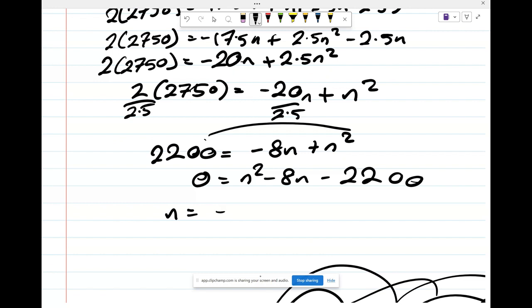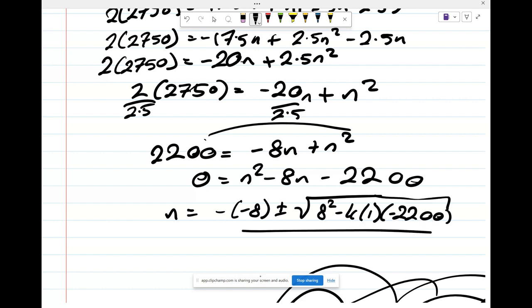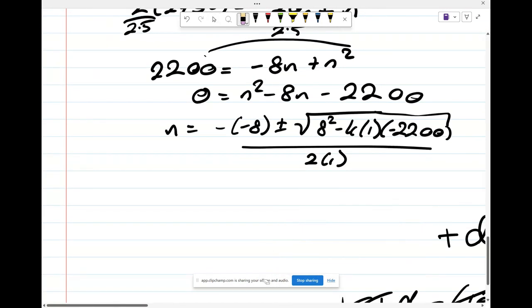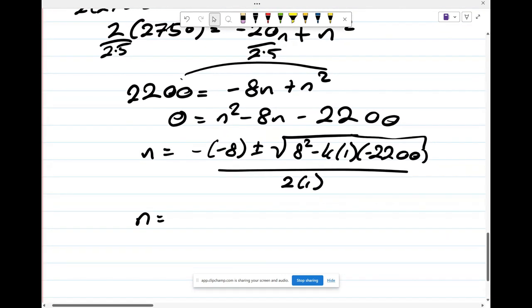n is going to be minus 8 plus or minus the square root of 8 squared minus 4 times 1 times minus 2200 all over 2 times 1. So we could put this in our calculator, and n should give us 8 plus square root 64 minus 4 times 2200 over... Oh, I must have made a mistake because I'm going to get a square root of a minus number.